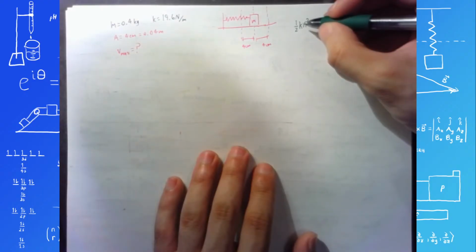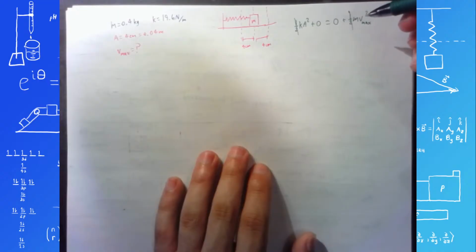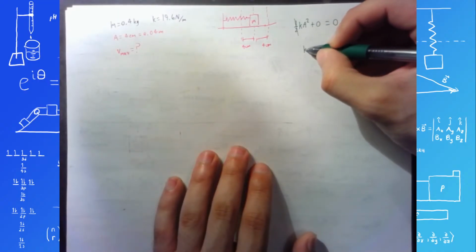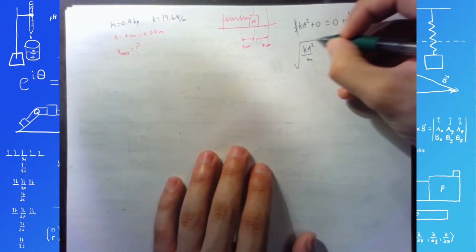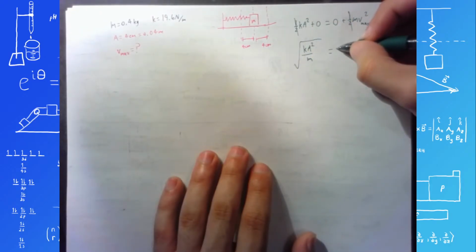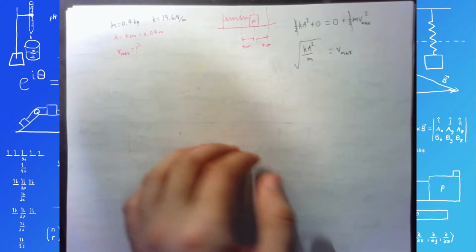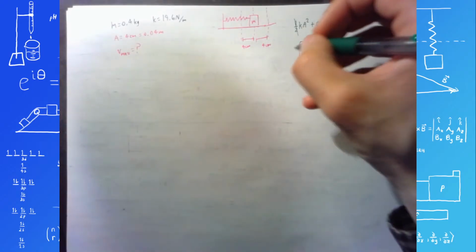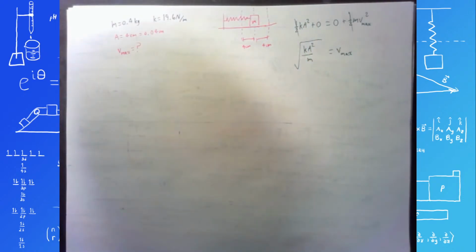And the 1/2 cancels out, of course. Just divide by m and take the square root. The square root of ka squared over m is equal to Vmax. Technically it's a plus or minus because it could be going to the left or to the right at any given moment in time.